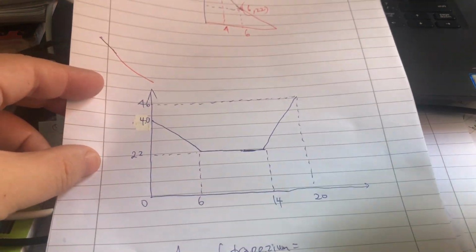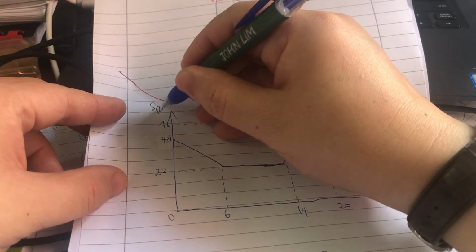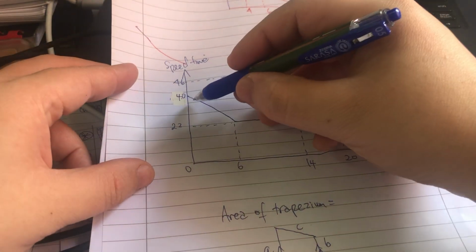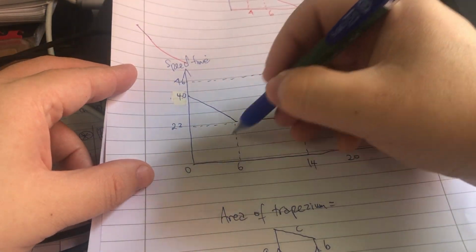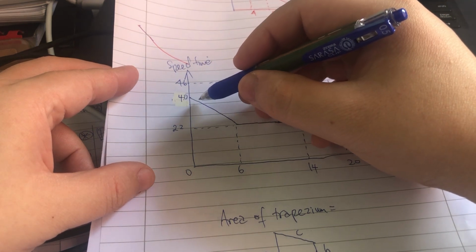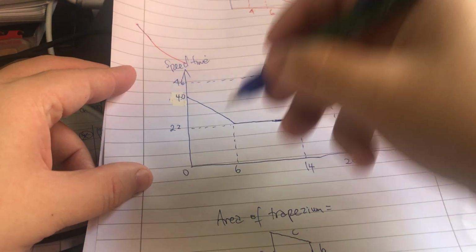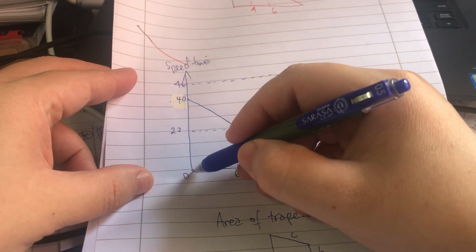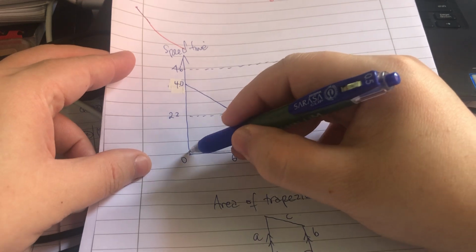From a speed time graph, ladies and gentlemen, by finding the area under the graph, we are able to find the distance traveled. So the area under this graph is the distance traveled from 0 to 6.